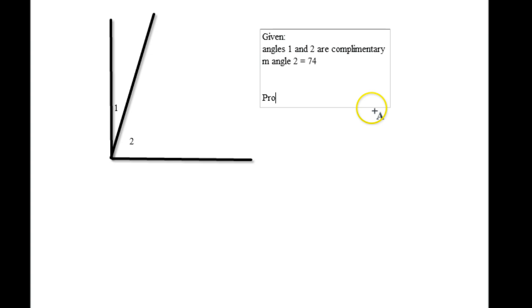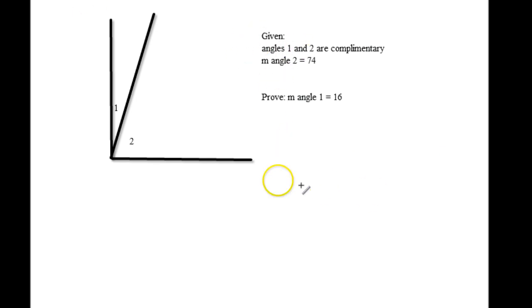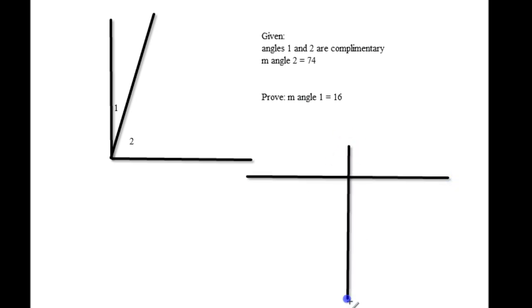We want to prove, and you are going to be given your proof, that the measure of angle 1 is equal to 16. So this is what we start with, and this is what we want to prove. Alright, so we start a 2-column proof, and we write it right here.